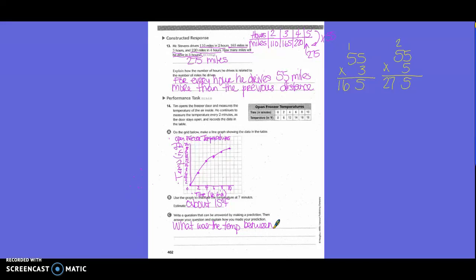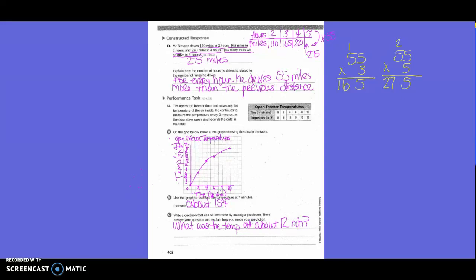Or how about not between, but what was the temperature at about how many minutes, guys? Okay, at about 12 minutes, since we were going by twos, right?